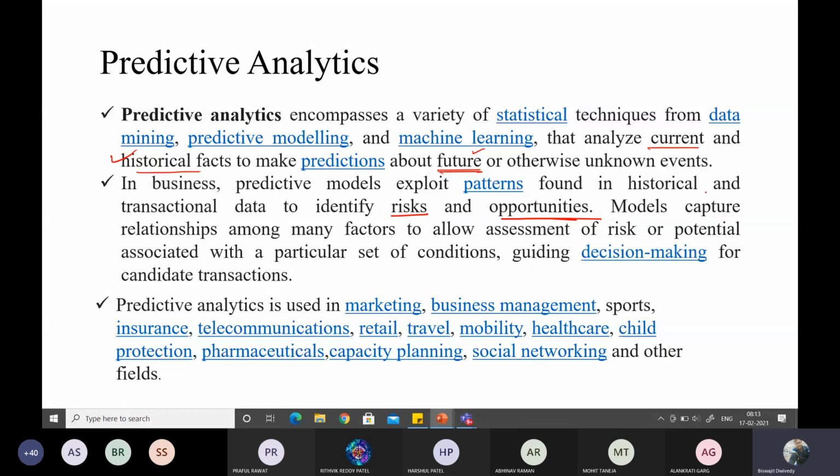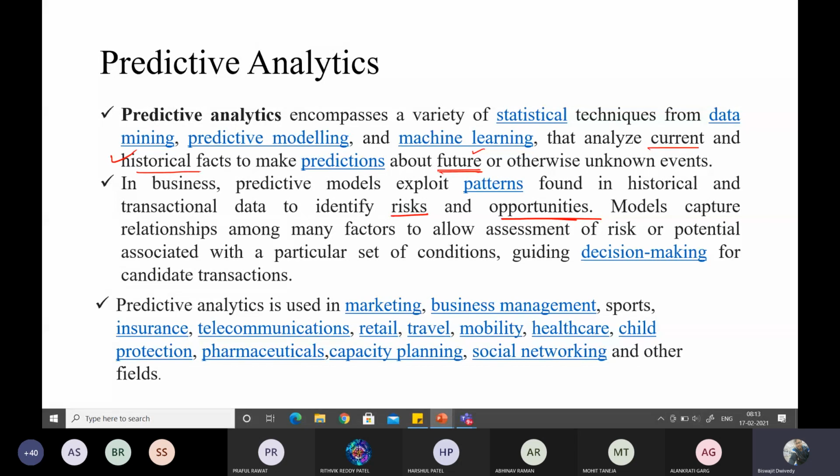From the historical data you are collecting, you can identify different patterns and trends, such as how the demand of the product is going. Suppose you have launched a mobile phone: how are people liking the camera, and how are people liking the user interface of the mobile phone? You can identify the trend, and according to that trend you can take necessary steps.